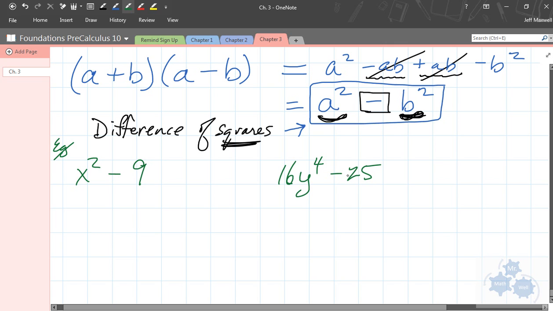If it can be written as a difference, and both terms are perfect squares, this one is also an example. Now you may be saying this looks like a sum, but because this is negative, this can be written as a difference, right? So really this is the same, and that looks more like a difference of squares.